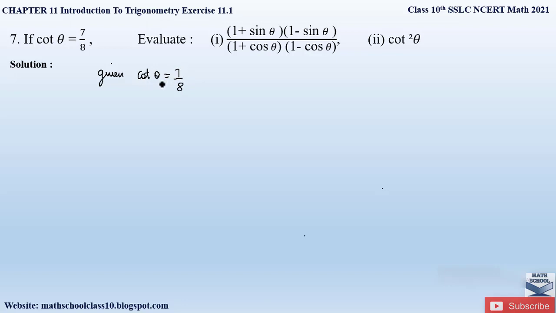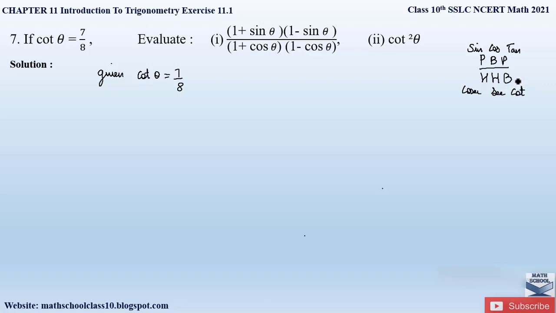So what is the trigonometric ratio for cot theta? The best way to remember any of the trigonometric ratios is to remember this fraction or relationship, that is P B P divided by H H B. Here you can see the first trigonometric ratio P by H is sine, base by hypotenuse is cos, perpendicular by base is tan, and the reciprocals of the above three will be cosecant, secant and cot theta.